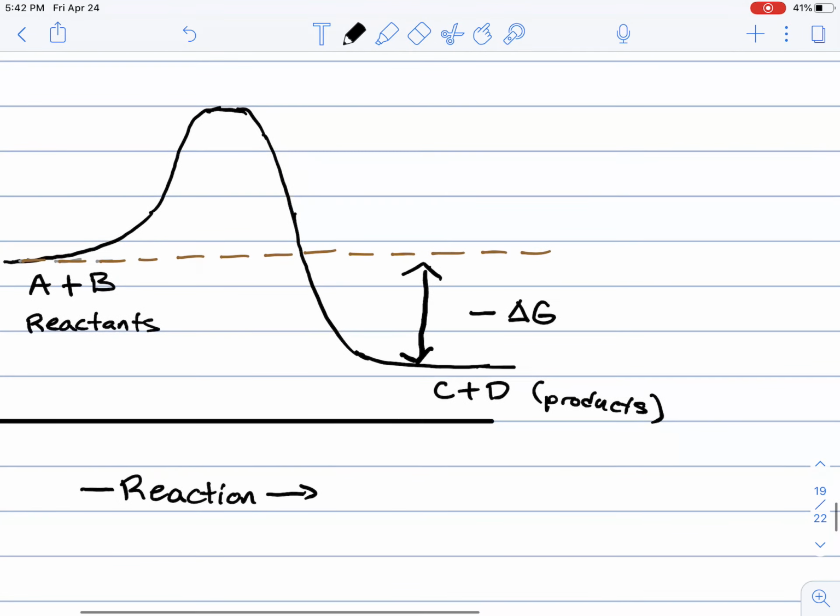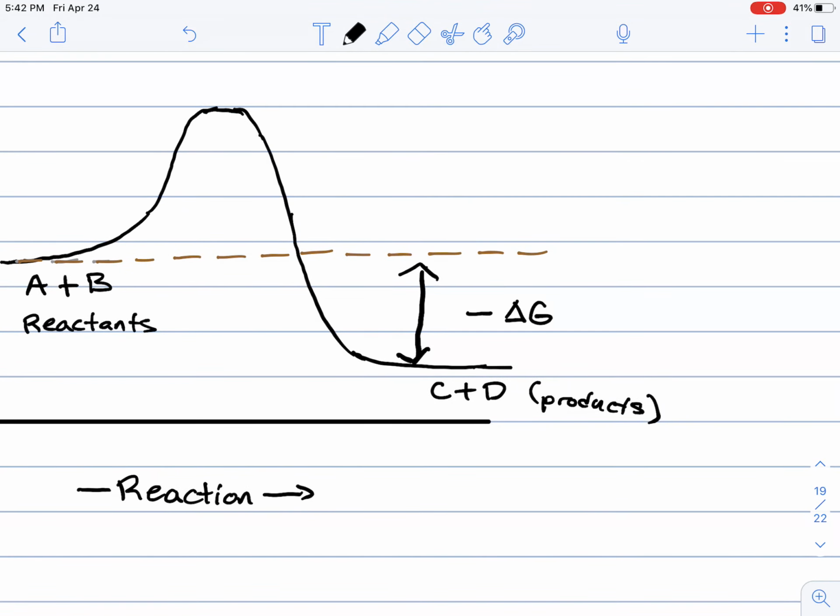And so if delta G is negative, because it's below that 0 point, it's a relative 0, by the way, anything below that relative zero is going to be a negative value. So this is going to tell us that a spontaneous reaction is occurring. And in the course of this spontaneous reaction, it's releasing this excess, this residual energy.